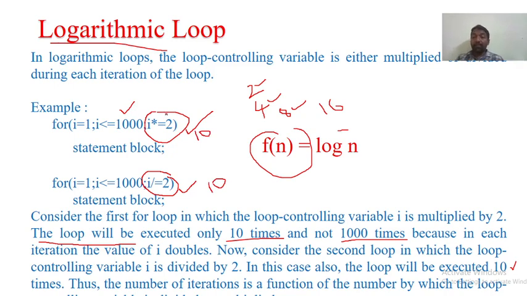When in a for loop you use any multiplications or divisions, we consider these types of loops under the logarithm loop. We represent this as the function f of n equal to log of n.